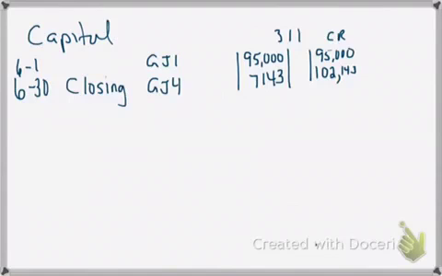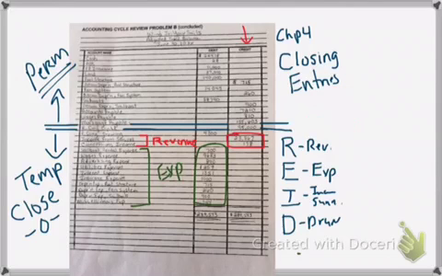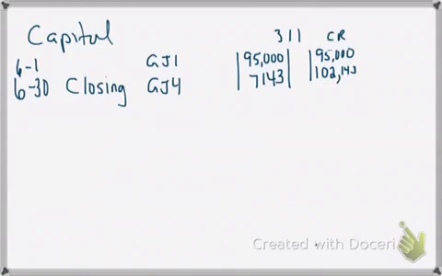The next one that I have to look at here is going to be that drawing account. So when I do look at the drawing account, this is right here. Again, this account has a debit, so to make it zero, I would have to credit the drawing account. And what I close it to is the capital account.